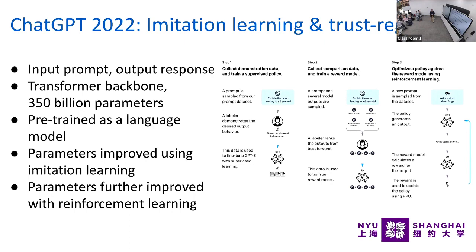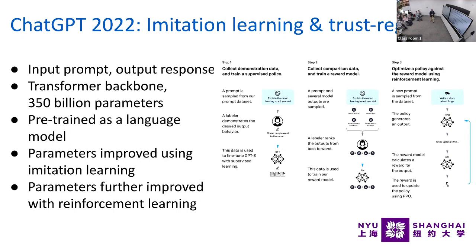What ChatGPT does is it takes a prompt as input and you get a response, like an essay. It has a transformer backbone with 350 billion parameters, and it's pre-trained as a language model on tons and tons of data, mostly from the internet.